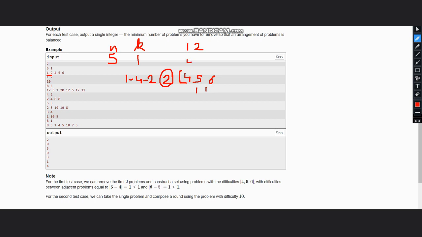So here we need to have the minimum number of elements to be removed. If you consider the minimum number of elements to be removed, we keep 4, 5, 6. So hence 1, 2 is removed, which means a minimum of 2 elements need to be removed. So going on to this logic, how to do this?